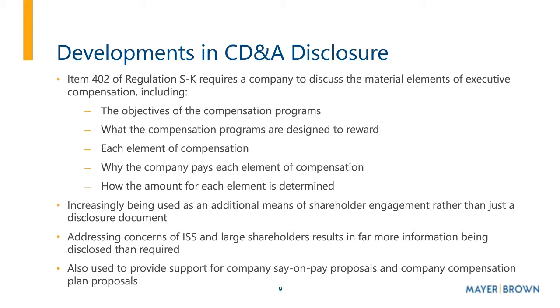Today, we're increasingly counseling clients on ways to modernize the CD&A, making it more readable and user-friendly, and to help the company tell its story to institutional shareholders and ISS and Glass Lewis.